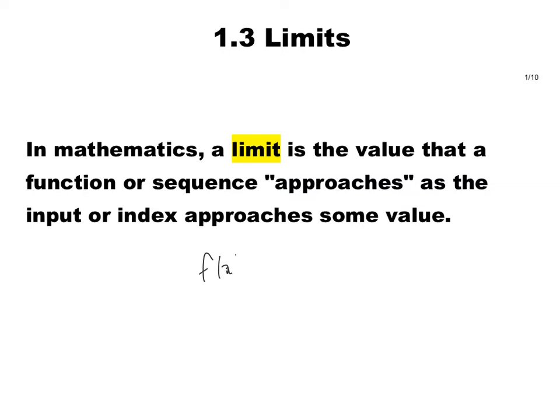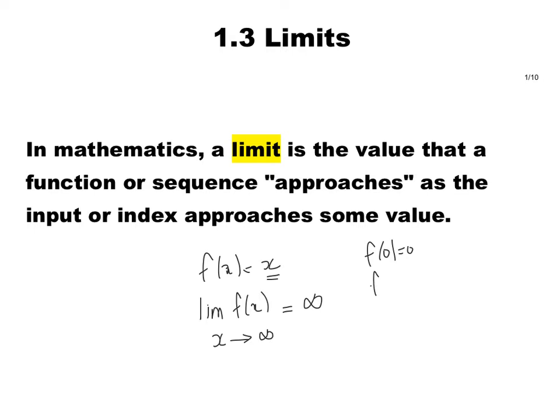let's look at a function like f of x is equal to x, which is a linear function. We say the limit of f of x, which we show with lim of f of x, when x is approaching, let's say, a value, let's say infinity, is equal to... now when x goes to infinity, f of x goes to also infinity, because you can see that when x is 0, f of 0 is 0.